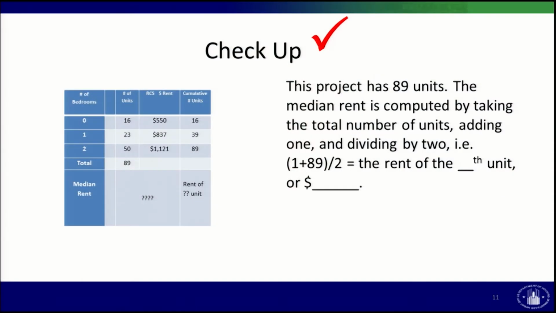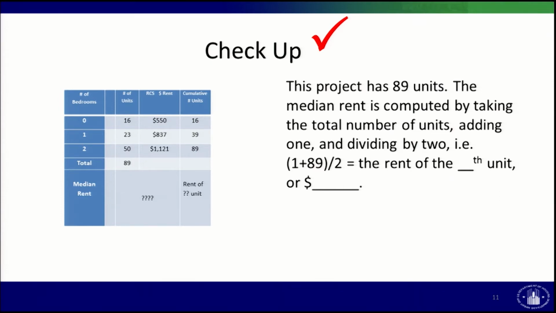Now, just to double check that I've made this clear to everybody, let's do a little checkup. This project, in this example, has 89 units. The median rent is computed by taking the total number of units, adding 1, and dividing by 2. In this case, you've got 89 units, you add 1, and you divide by 2. So the rent of the blank unit is blank.